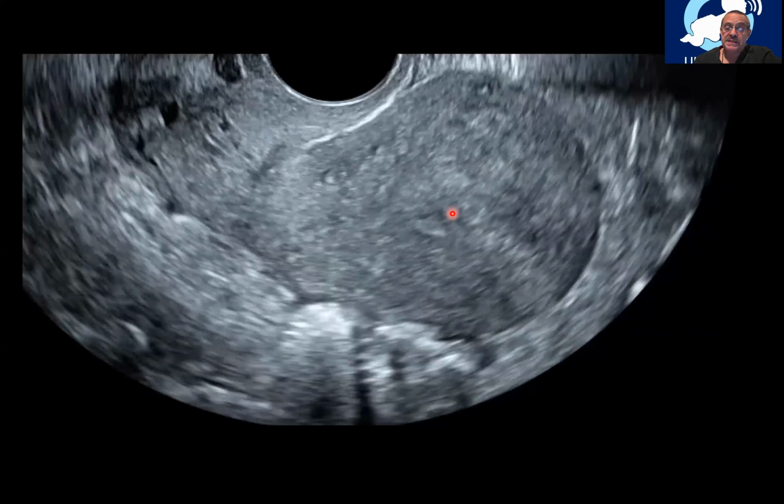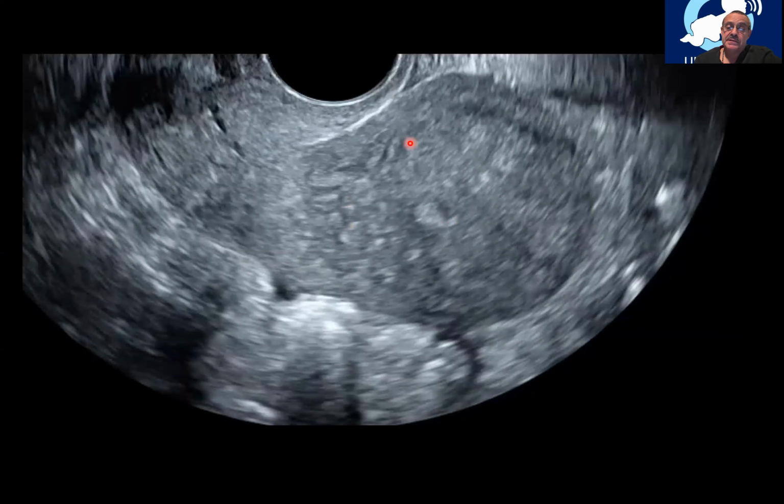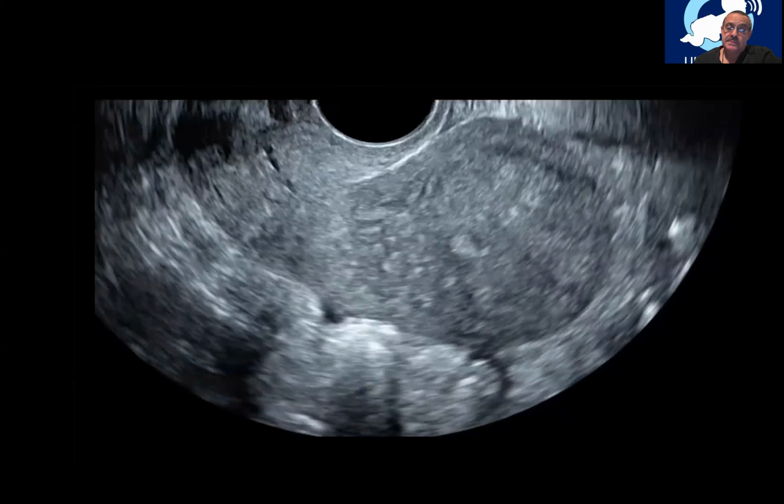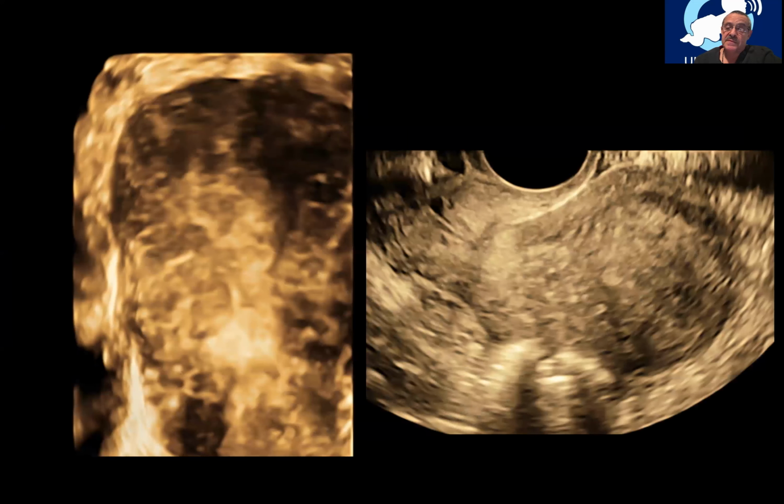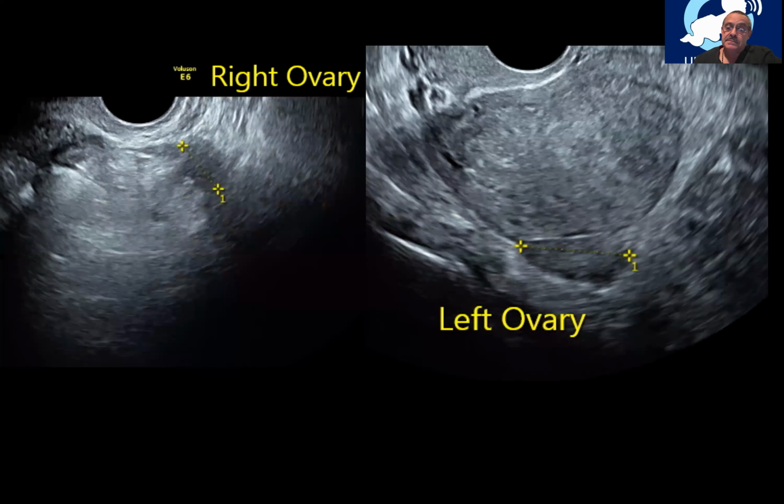A very complex uterus. It's like having small spots of endometrium inside the uterine wall. The two ovaries of the same patient.